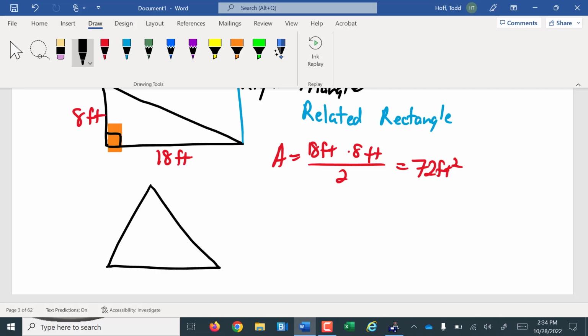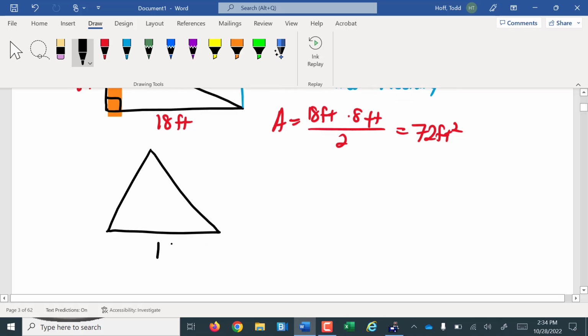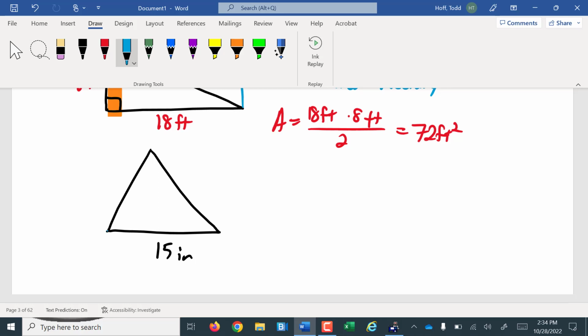So if we look at something like this, let's say this now is a 15-inch bottom base down here. The related rectangle is going to look like this. Well, the 15 is the length of that related rectangle. We often refer to that as the base of the triangle. The base is just any side of the triangle that we know the length of.